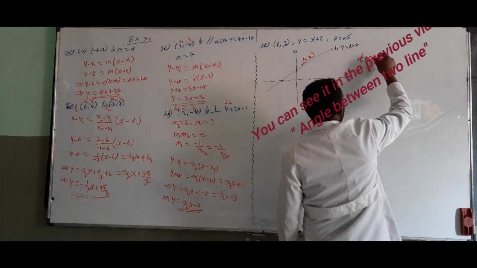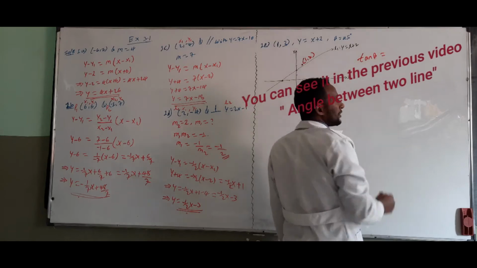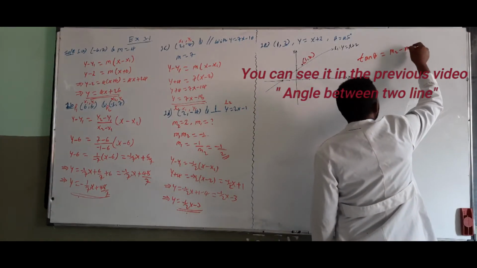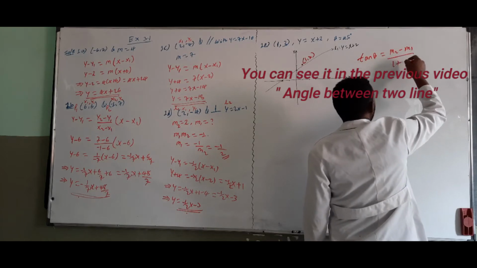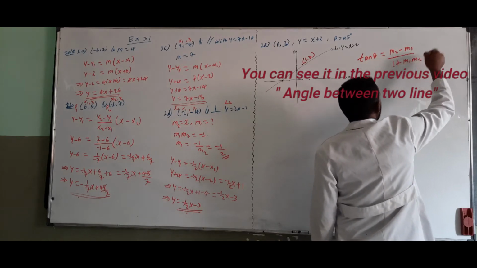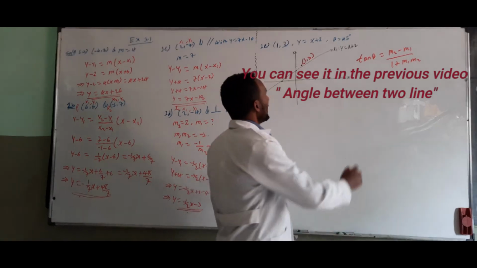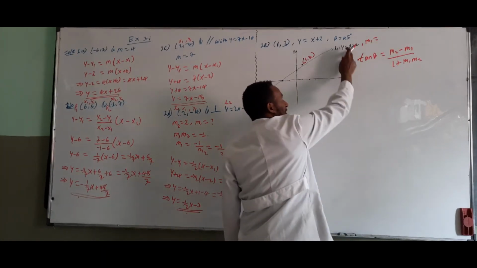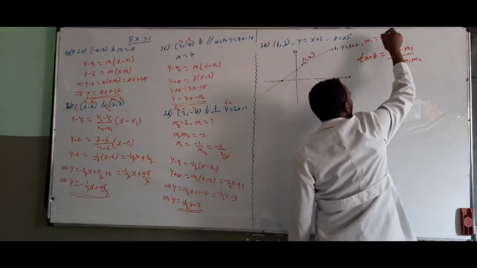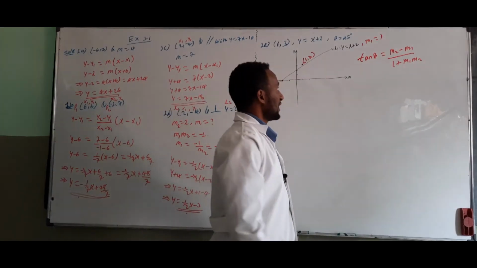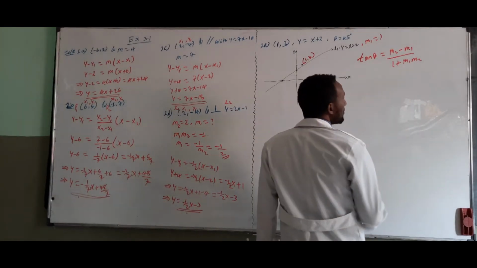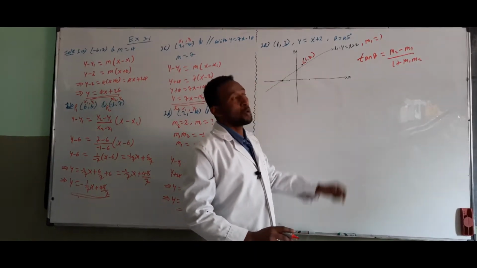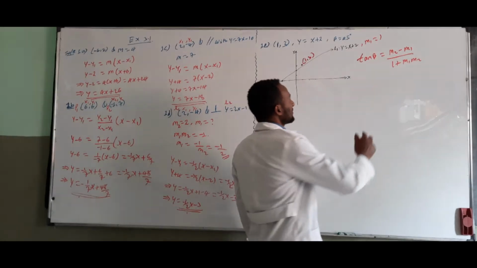Then we can get the slope of that line as we saw before. Tan of beta is equal to m2 minus m1 over 1 plus m1 times m2. In L1, our m1 is taken from this equation, m1 is 1, then we can find m2. m2 means the slope of line 2 that passes through (1, 3).